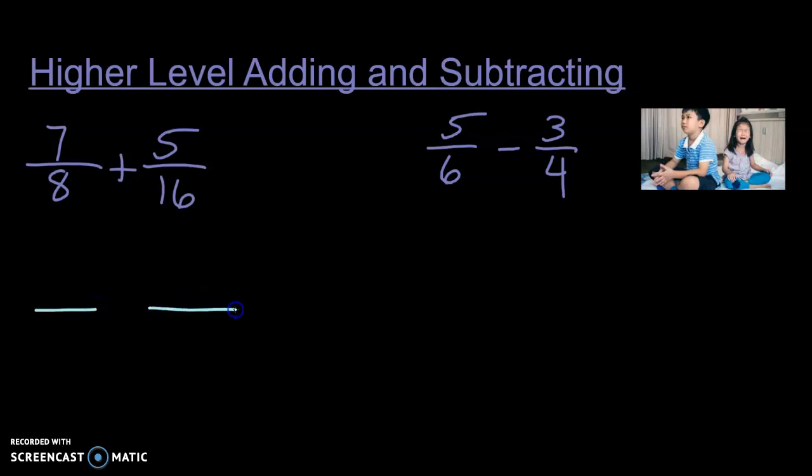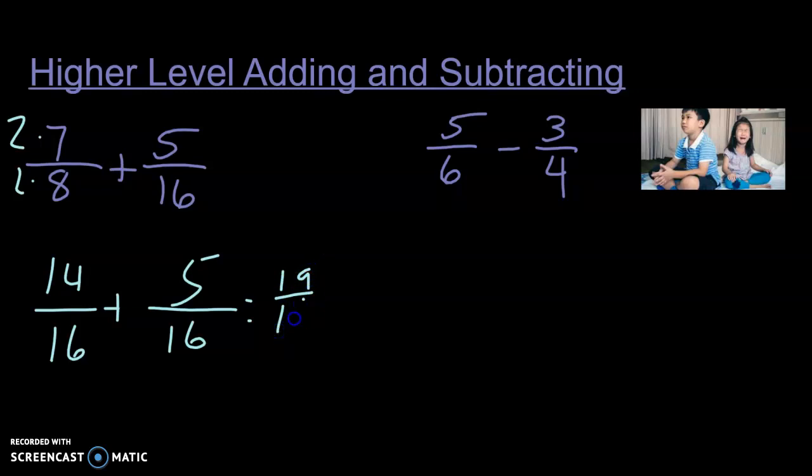I can make my denominators be 16, and it's going to be a whole lot nicer and easier to work with, because I can just multiply this fraction by 2 on top and bottom, multiply this fraction by nothing, because 5/16 can stay the same, and then you simply add those together, making 19/16.